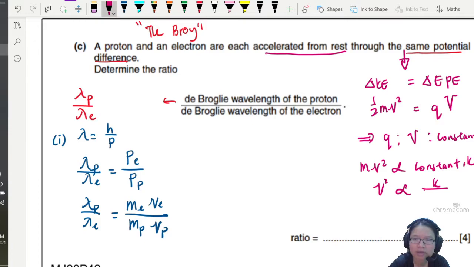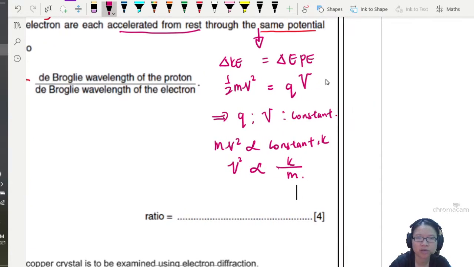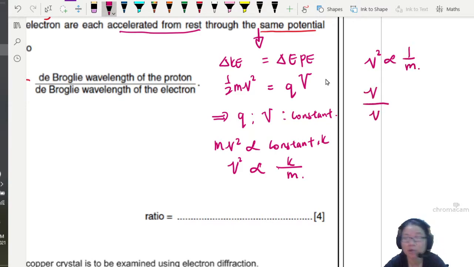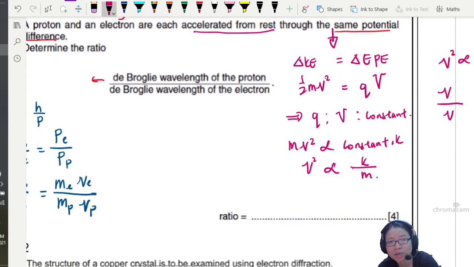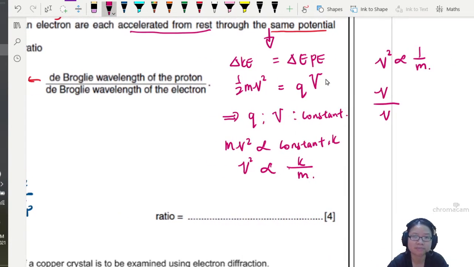K over M. Running out of space, V square will be proportional to 1 over M. So I can write VE over VP, whole thing square, is equal to inverse, flip again. E over P becomes P over E.